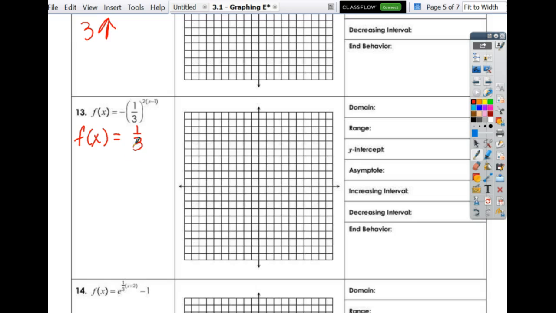Okay, so if I have 1/3 as my parent function, the negative is a reflection over the x. The 2 is greater than 1, so it's a horizontal compression of 1/2. Because 2 is pulling, it's getting shorter and fatter.